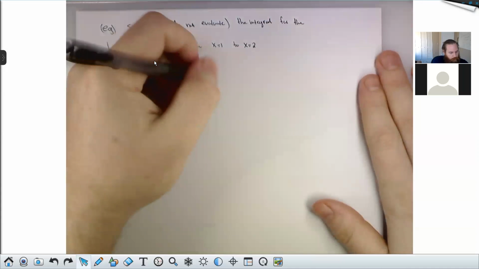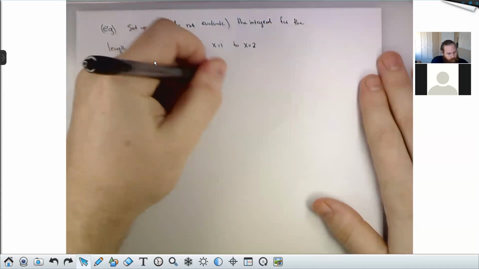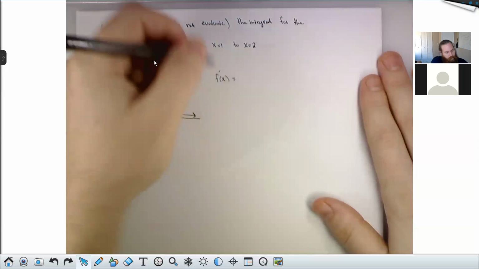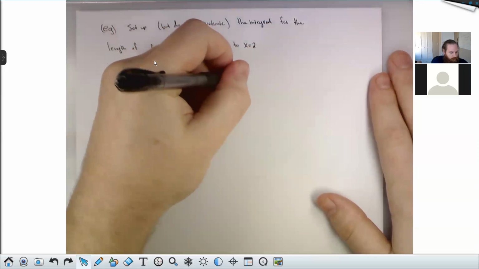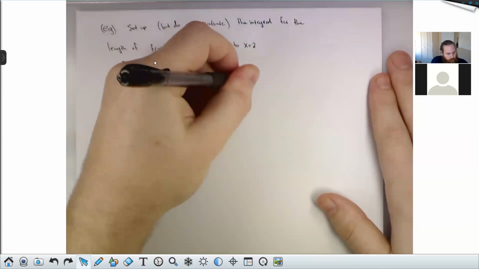We know we need f prime. The derivative of 1 over x is negative 1 over x squared.